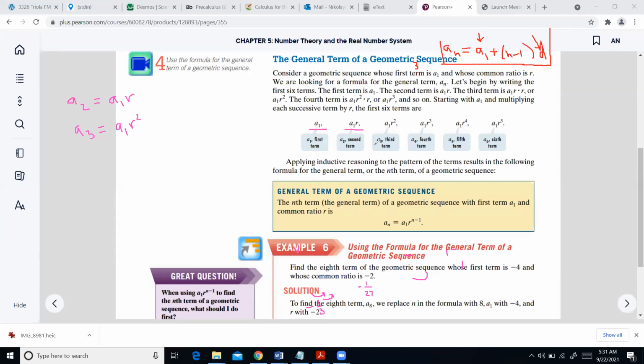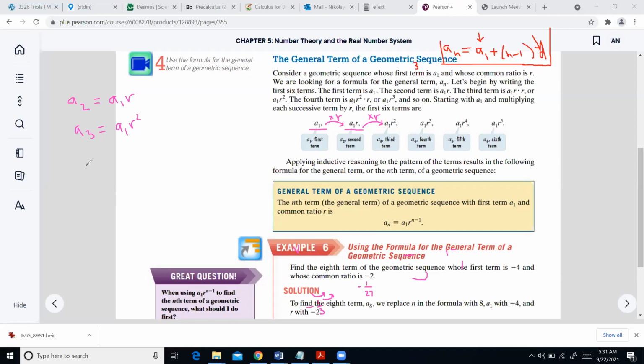Please notice that the way I move from term to term of this sequence, I just multiply by R. So when I multiply by R, it'll be R times another R, it's R squared. Then I multiply by R again, it'll be R cubed. By R again, R to the power of 4, and etc.